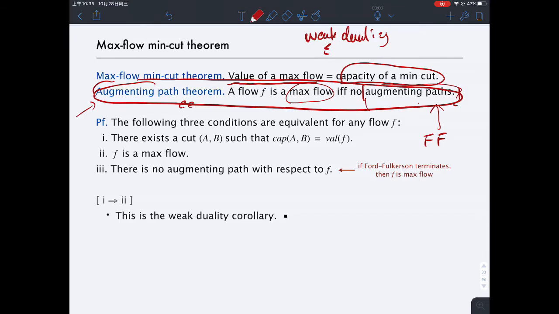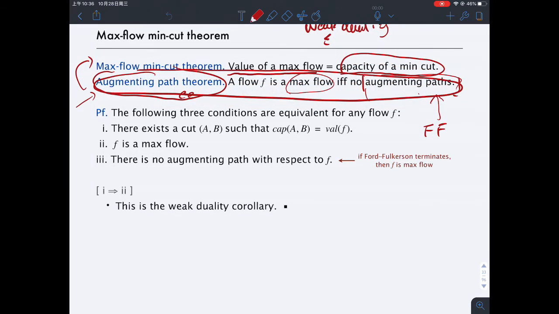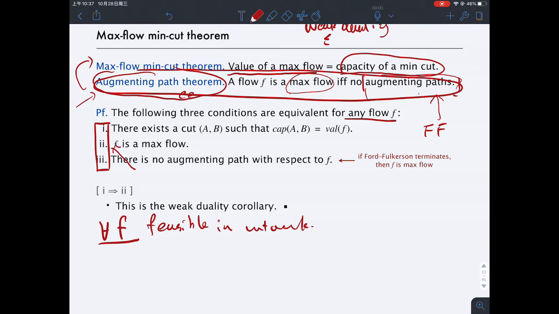And then after we get this augmenting path theorem, we are able to show that the max flow is the same as the min cut. In fact, we are going to prove the equivalence of all these three conditions. Let me explain that to you, right? If I pick any flow that's feasible in the network, the equivalence of all three conditions means that if one of the conditions is true for this particular flow, then the other two statements are also true, right?